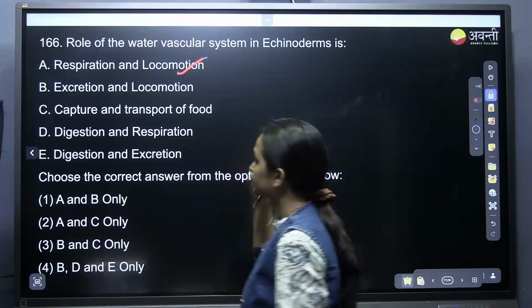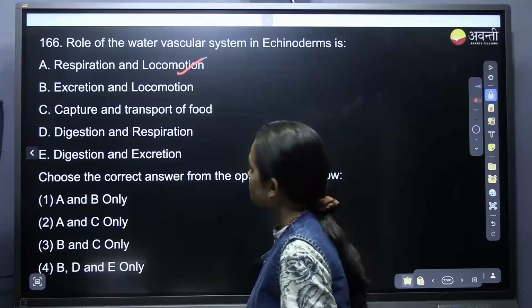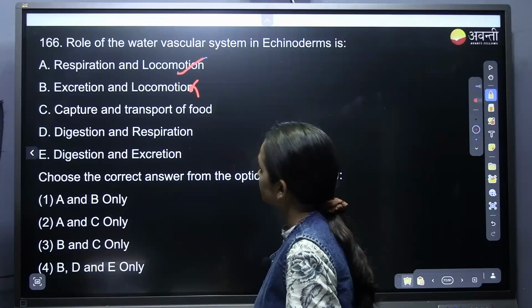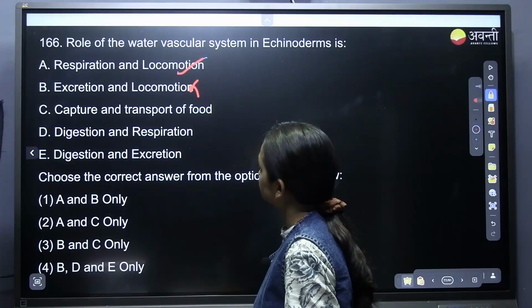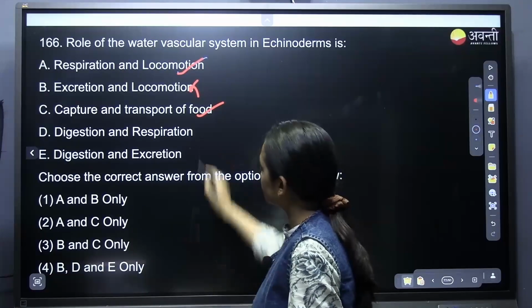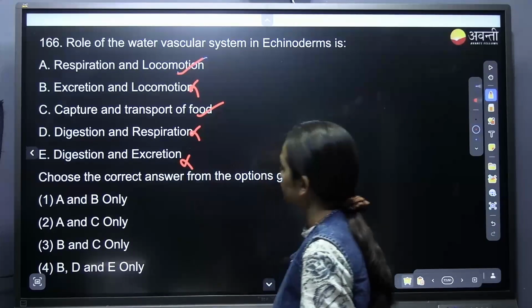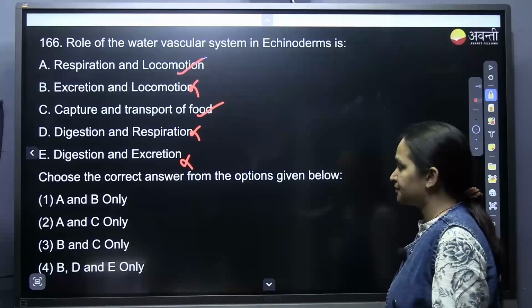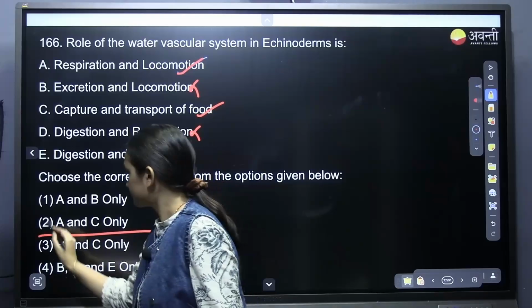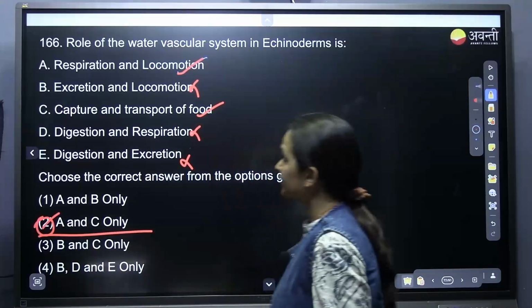Excretion and locomotion, not excretion. Capture and transport of food, yes. Digestion, no. Excretion, no. So it is A and C. Understanding?